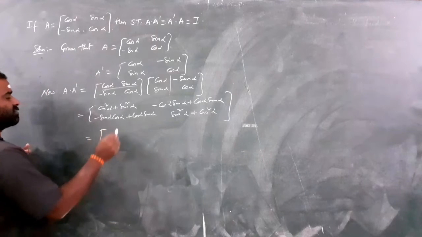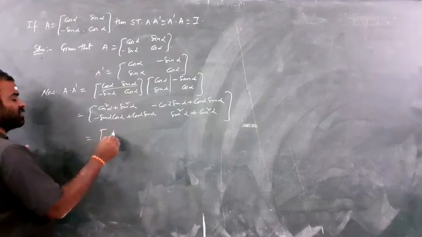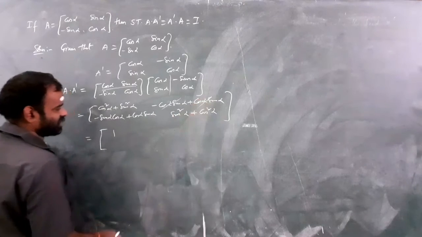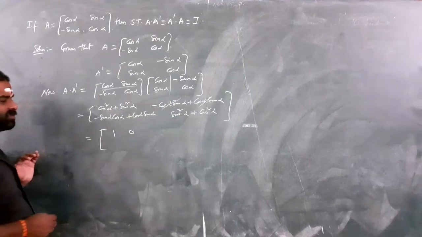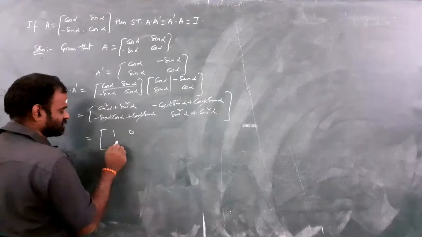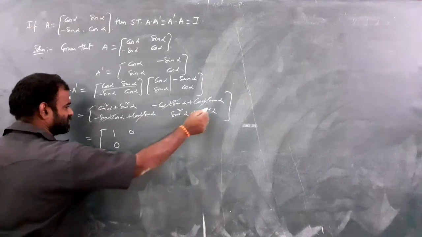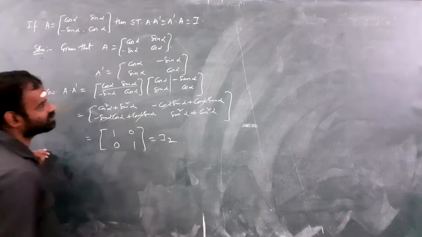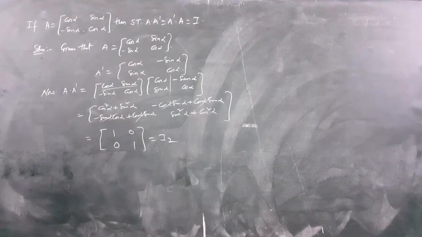So you have to observe, sin square alpha plus cos square alpha means 1, and minus cos alpha sin alpha plus cos alpha sin alpha cancel to 0, and again sin square alpha plus cos square alpha is 1, which is nothing but I2. So A A dash equal to I.